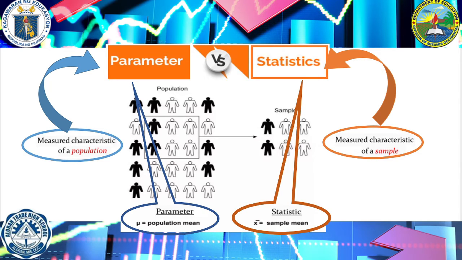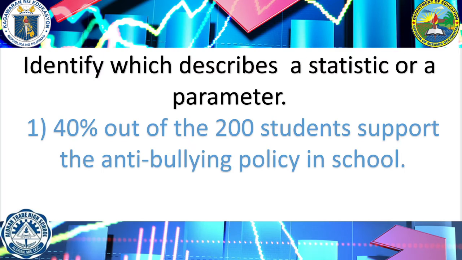After knowing the difference between parameter and statistics, let us identify which describes a statistic or a parameter. Number 1, 40% out of 200 students support the anti-bullying policy in the school.